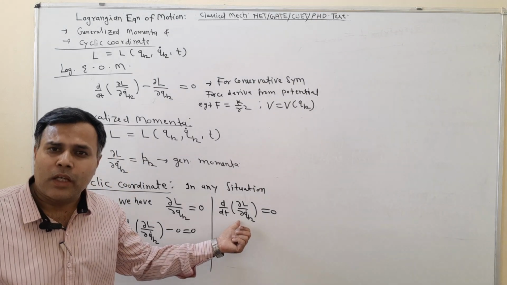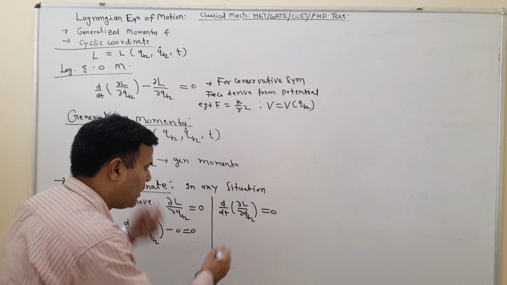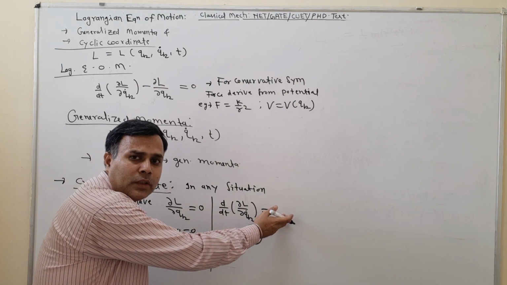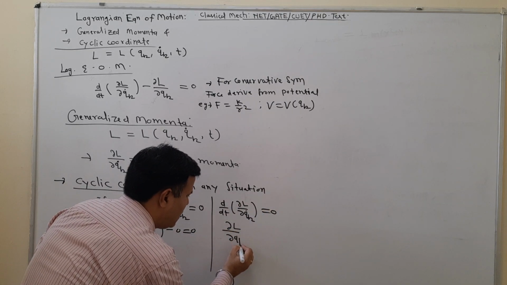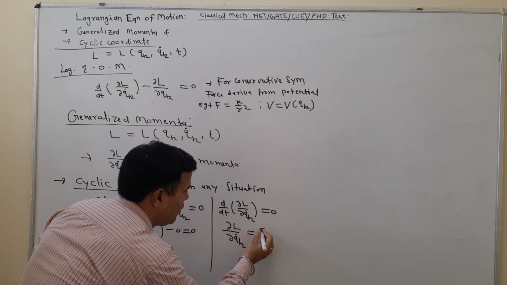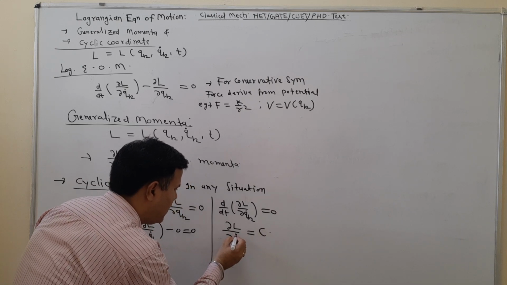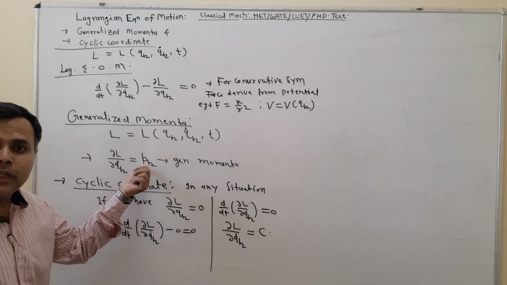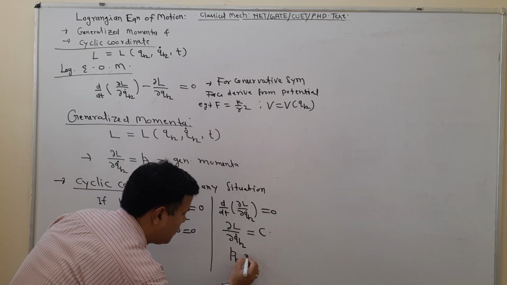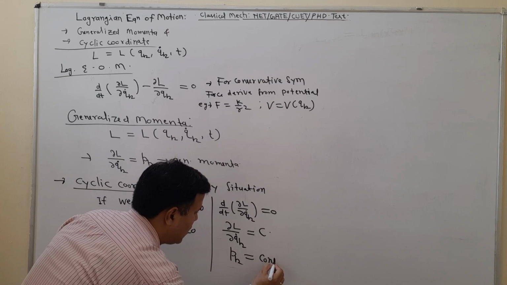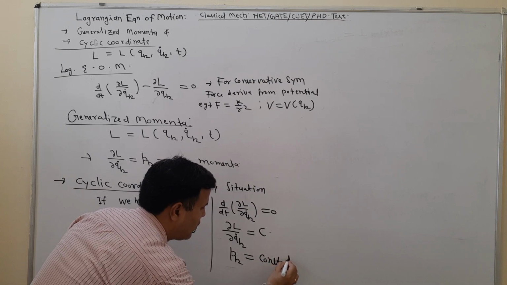Now integrating both sides with respect to t, this side is 0, so the other side becomes constant. So del L upon del Qk dot is constant. And what is del L upon del Qk dot? This is simply the generalized momentum Pk. So Pk is constant.